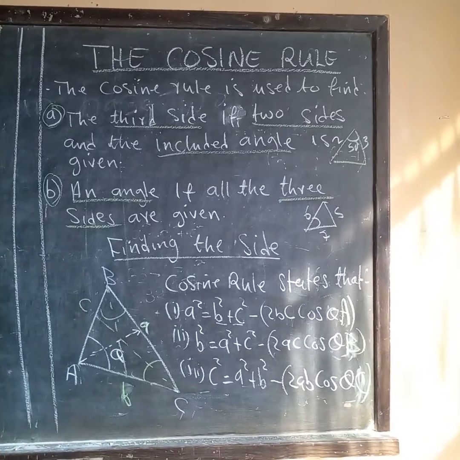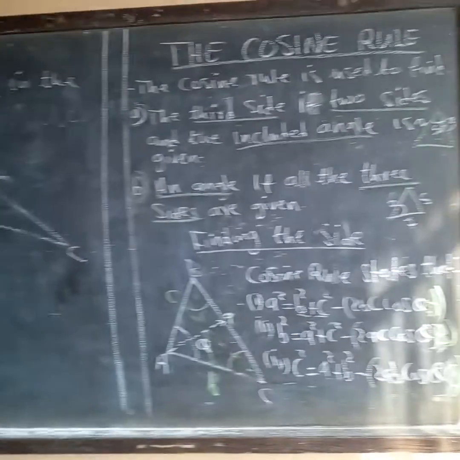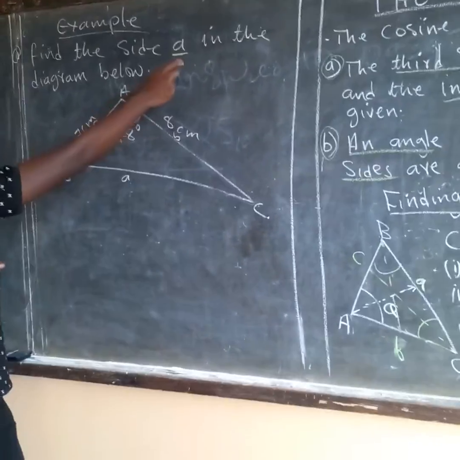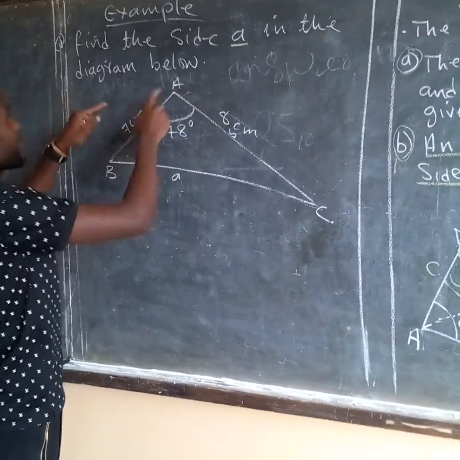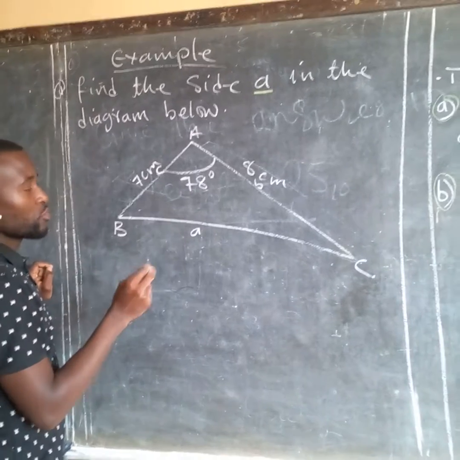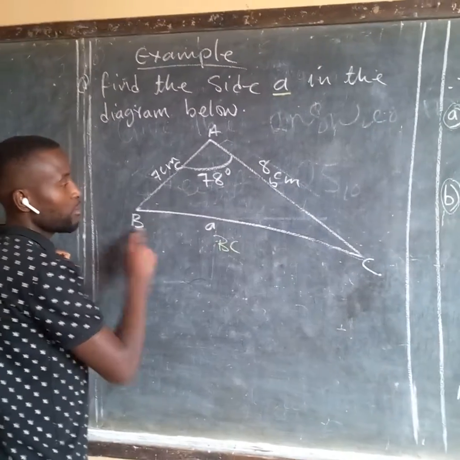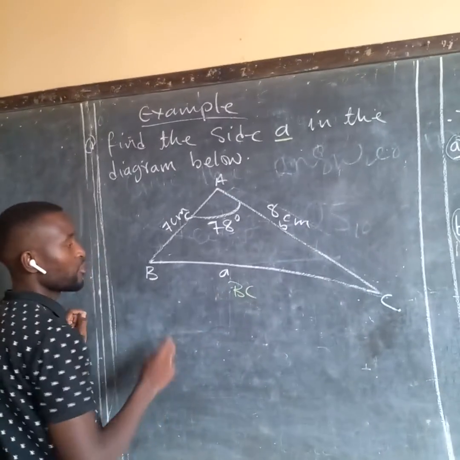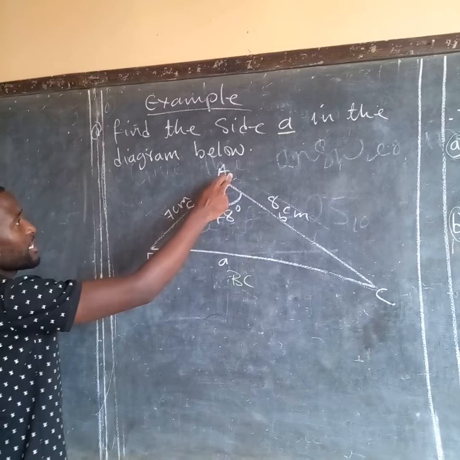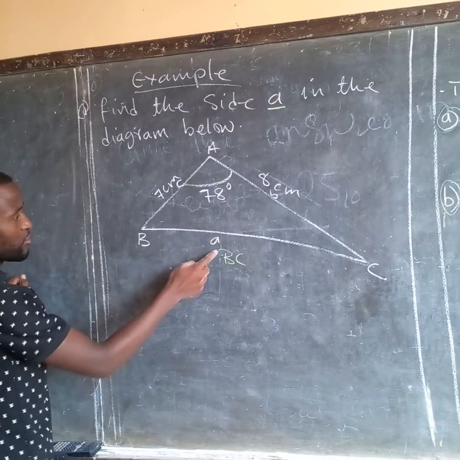So for example, let's look at the example which is here. The first example tells us to find the side a in the diagram below. In other words, side a can be BC. So how do I find side a? You look at the formulas there. We have been given angle A, so it means side a.